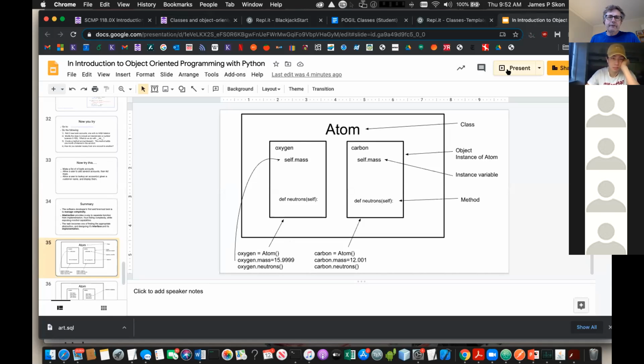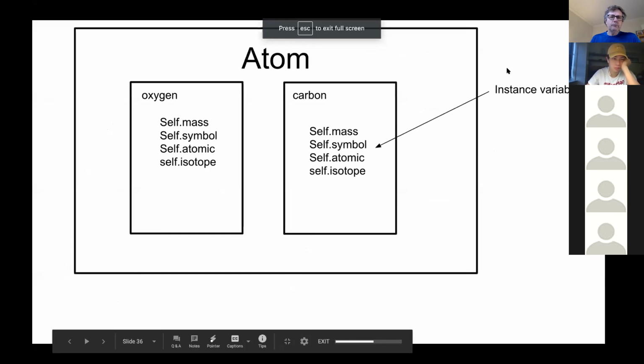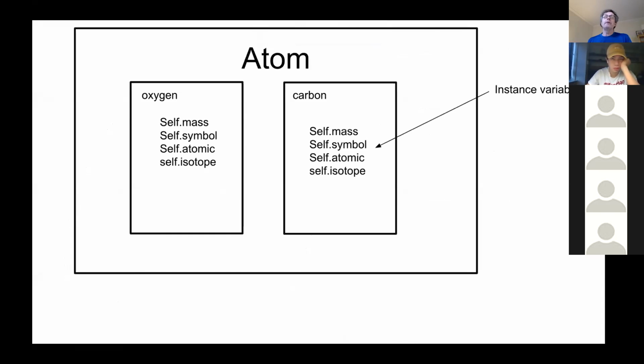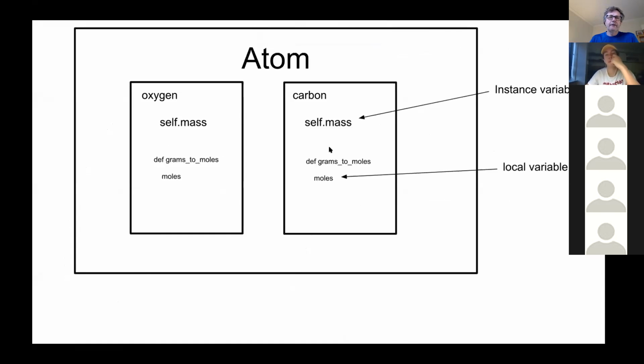Now, one of the things that we want to talk about, of course, again, when we looked at the code last time, we saw that there was a bunch of instance variables. Each atom has all of the variables, and also each atom has methods. It turns out that those methods can have variables inside them that are local variables, which are not instance variables.